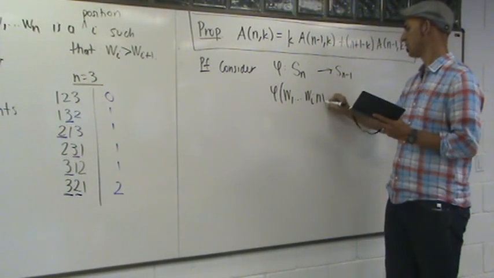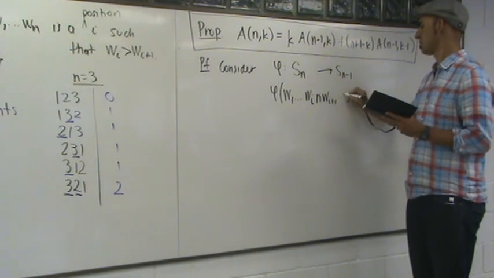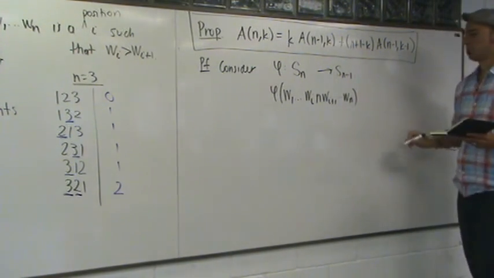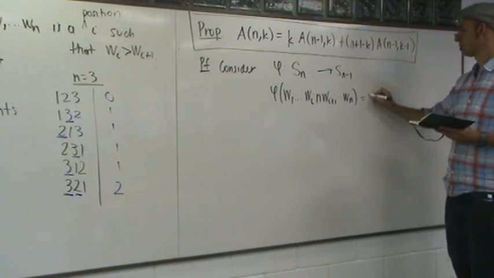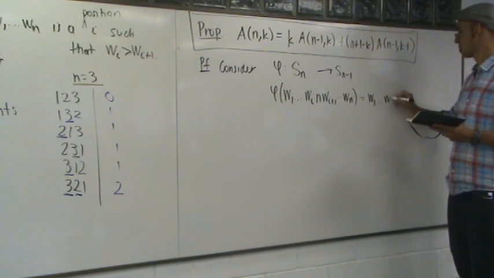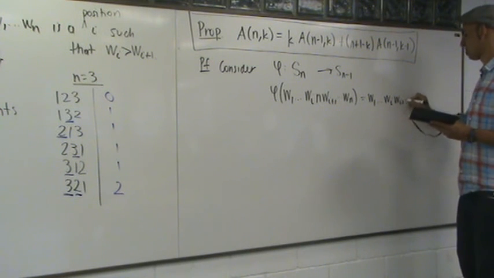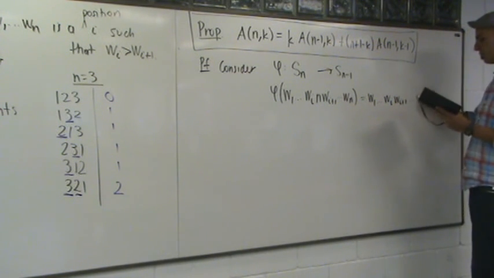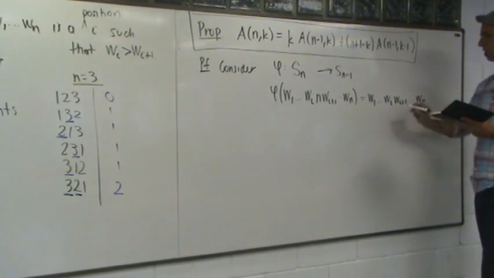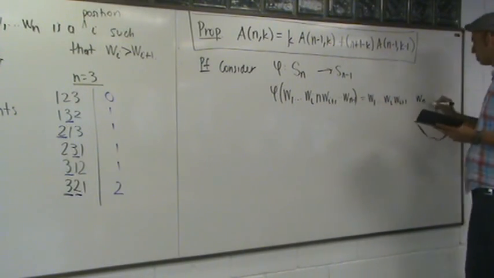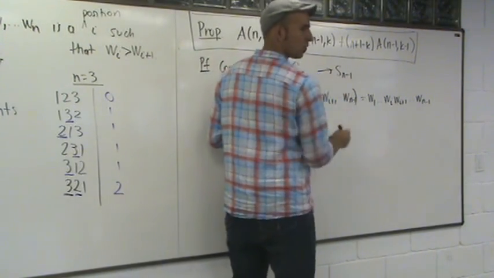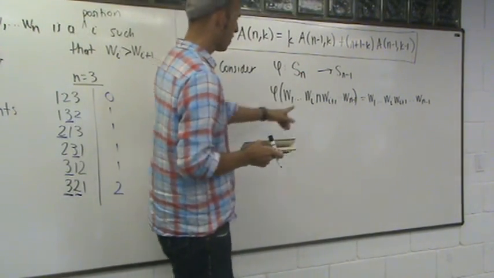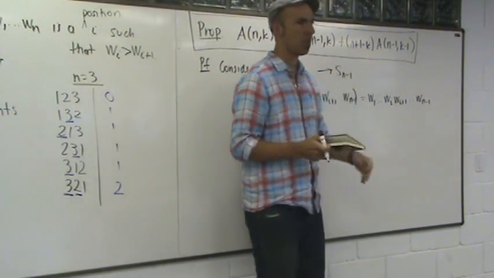Let's say n is over here, and I just delete the number n. Actually, this should be n minus 1, because I have one n, and then I have n minus 1 W's. Okay? So I take my permutation and I drop the number n.